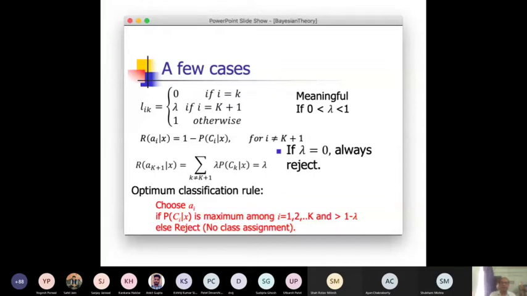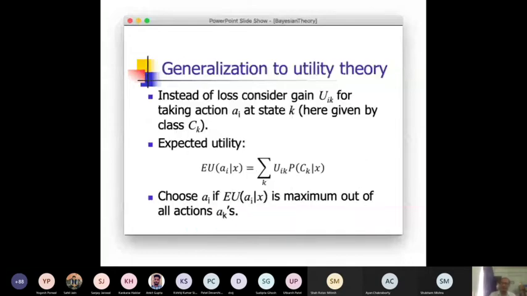If lambda is 0, then you are always rejecting it. That means the posterior has to be greater than 1, which is not possible. So if you choose lambda equal to 0, then you are always rejecting it. If you choose lambda equal to 1, then you are always accepting it. So naturally, lambda should be between 0 and 1, then it is meaningful, and then you can put that kind of conditions.